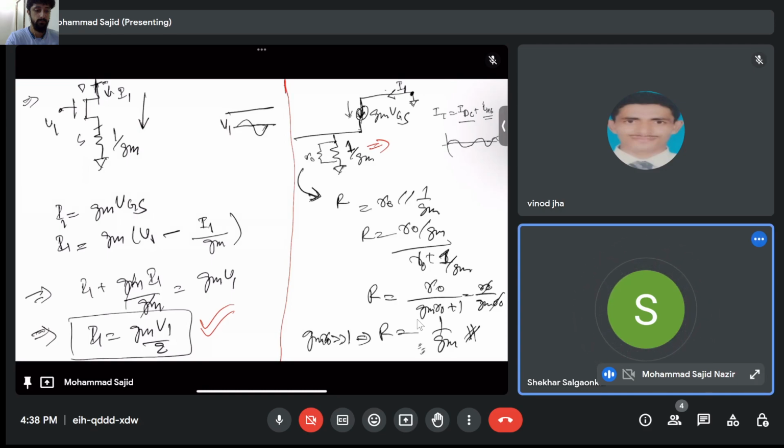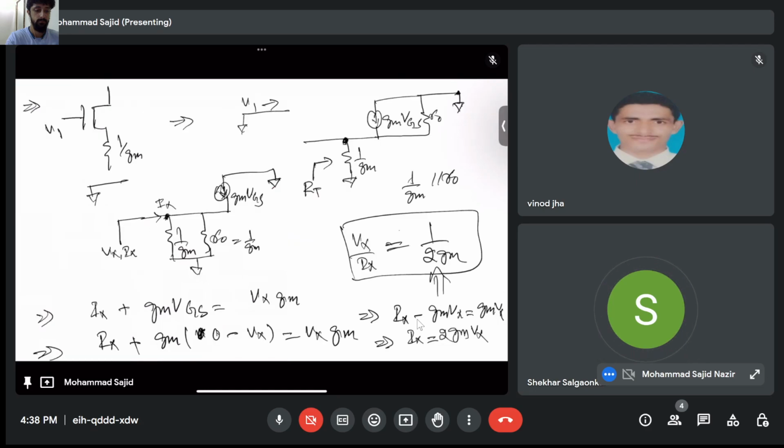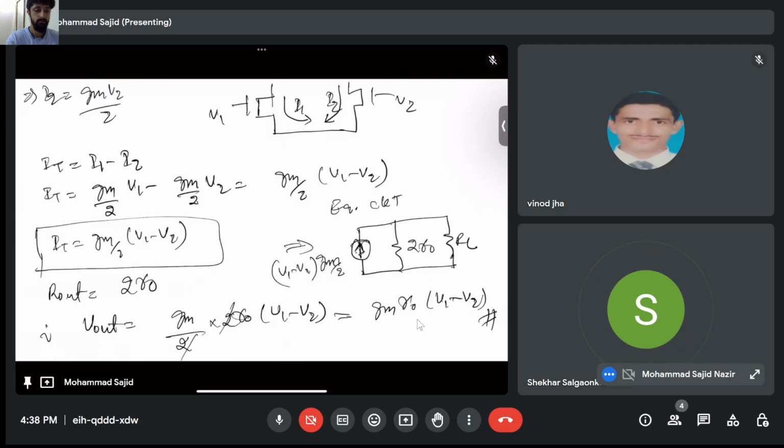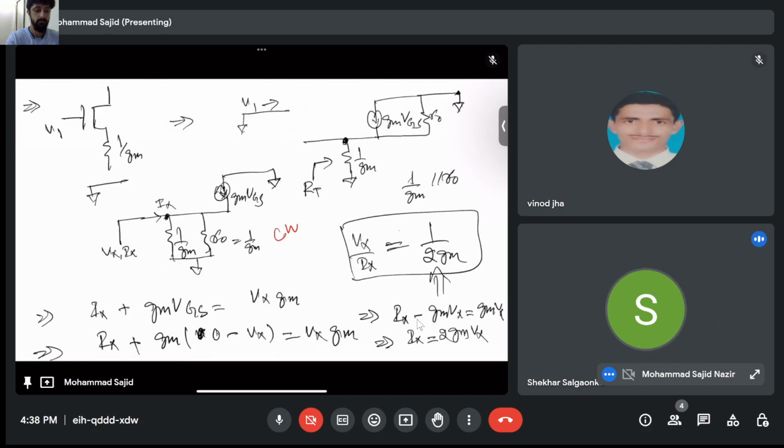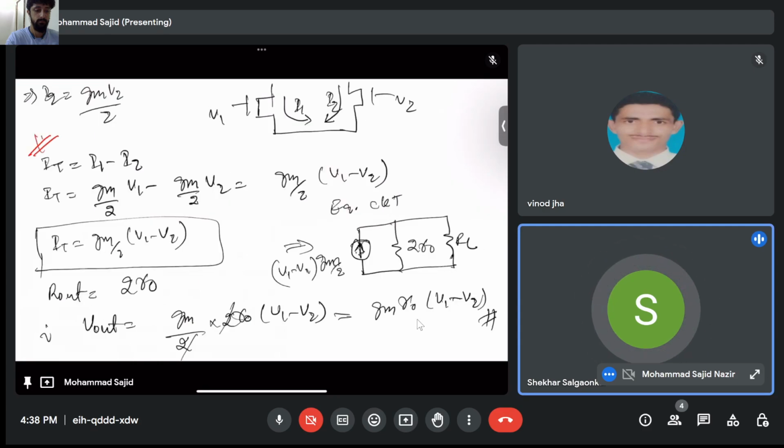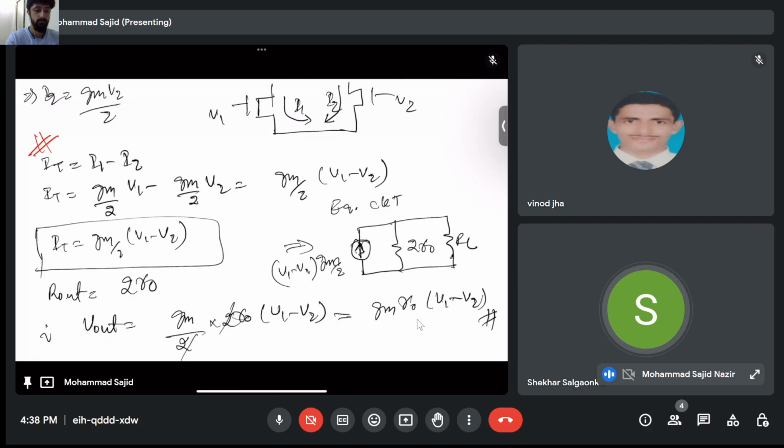So this was, I think, just for calculating the total resistance here. Now I have to check the values again. But you can see here I have written R out as 2 times R naught, right?